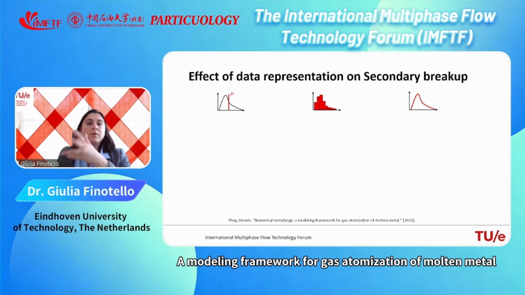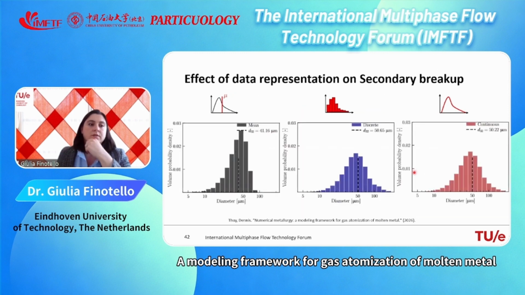The same goes with the size distribution. If we look at the size distribution when we use as initialization option just the mean, then we have a very narrow size distribution, while for discrete and continuous, we have a much broader size distribution.